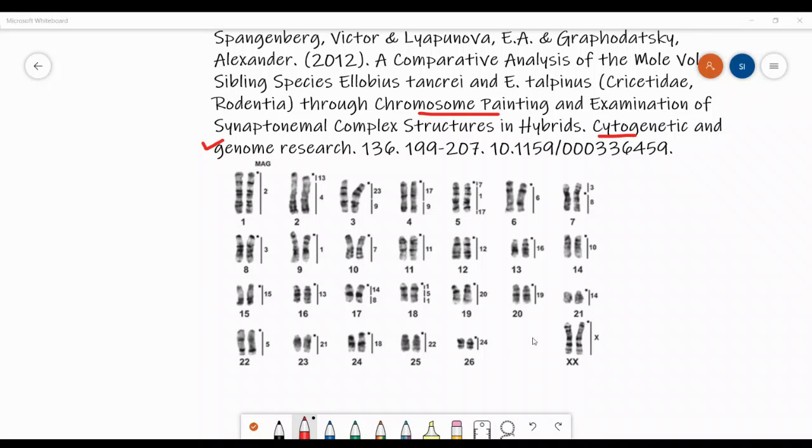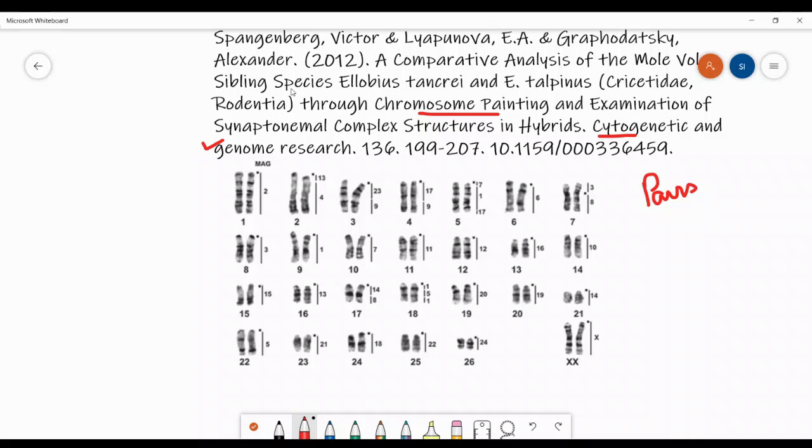To find out the structure, as we can see here, these are chromosome pairs. So first thing is they are pairs, and this is not human.